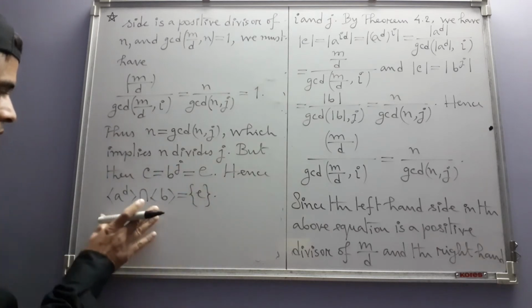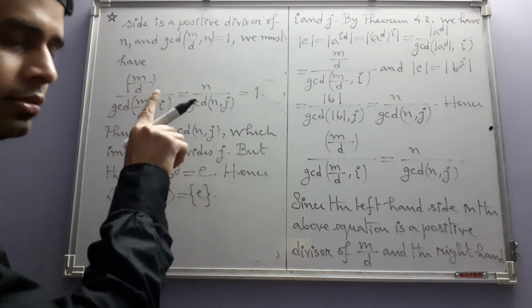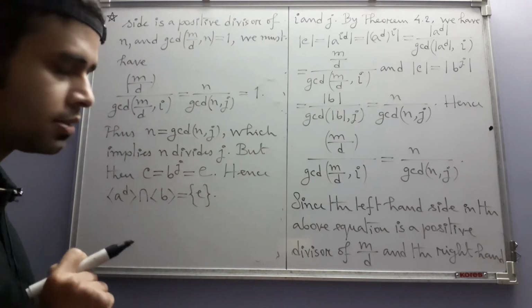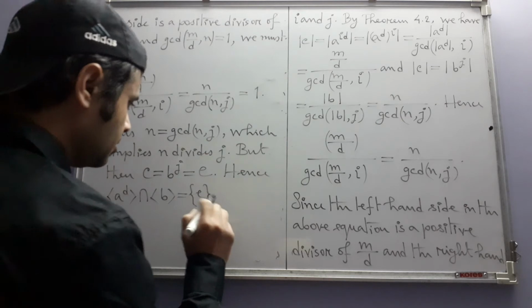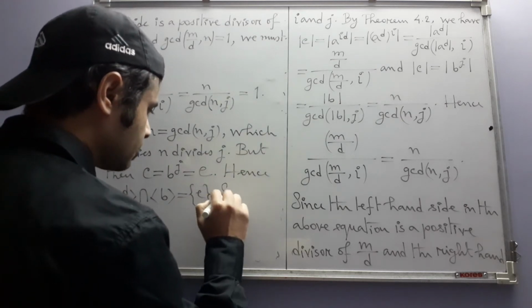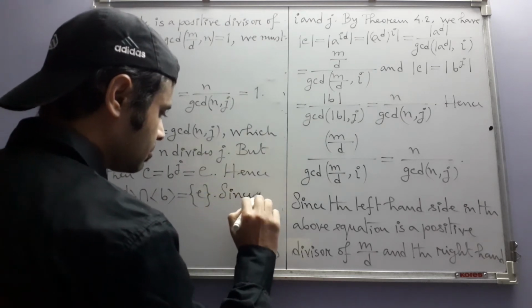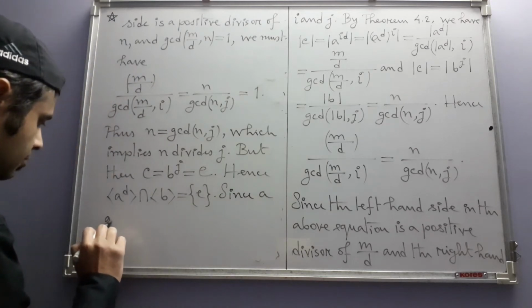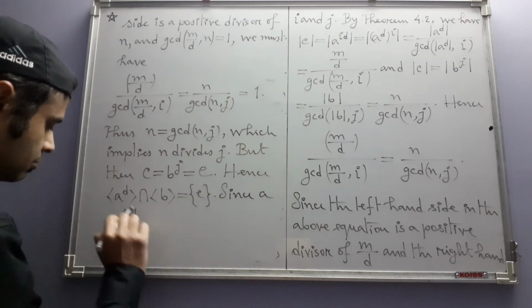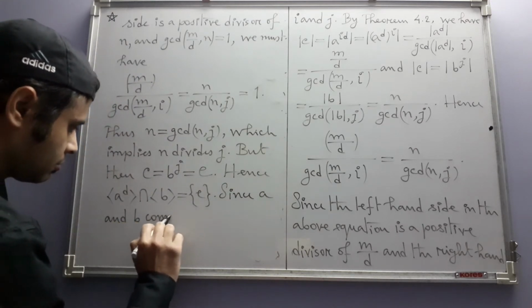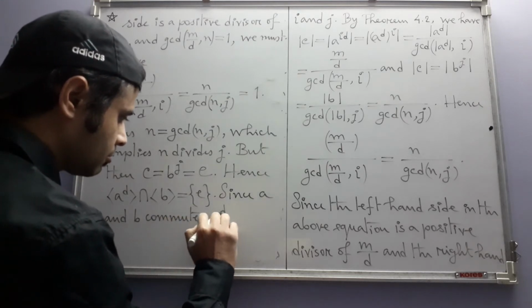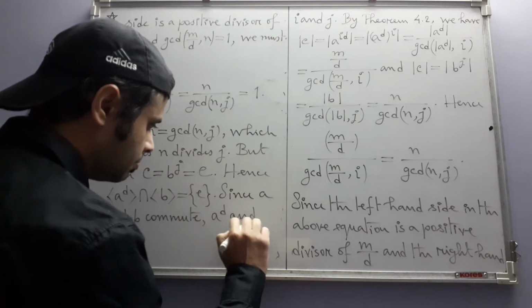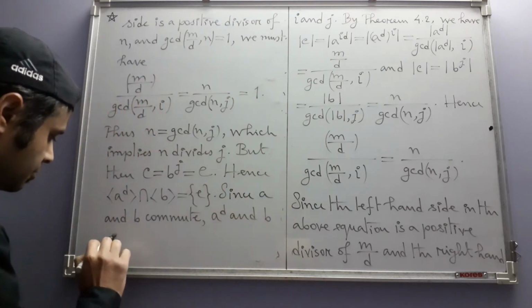Okay, so this condition that we had as a hypothesis in exercise 41 is now true for these two elements. What else is true? Since a and b commute, a to the power d and b also commute.